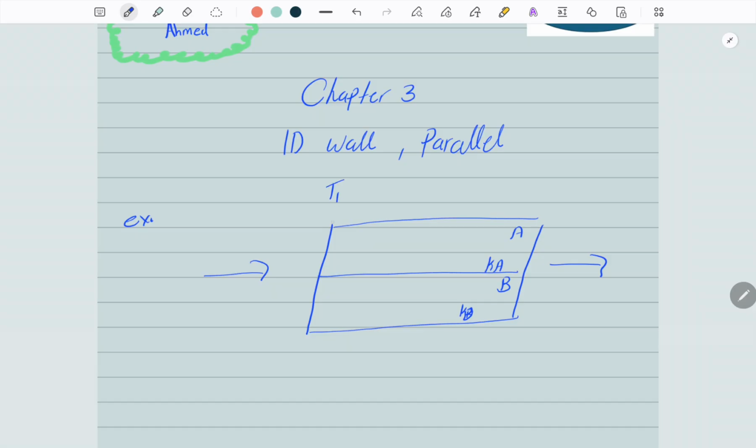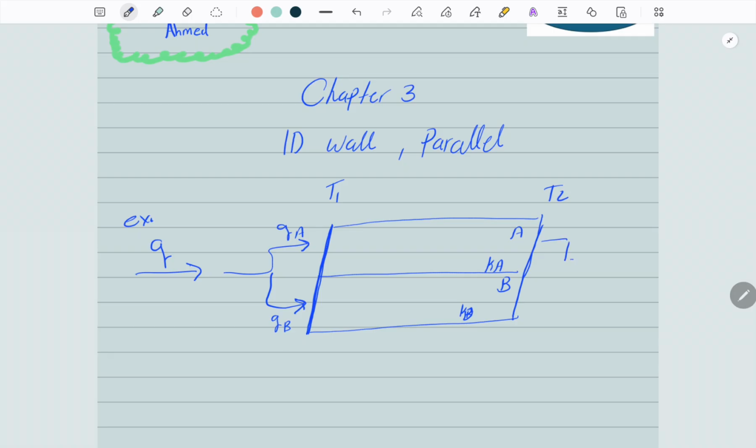This point here is considered T1. It's isothermal throughout the wall, meaning that the temperature is the same. This temperature here is T2. Heat is flowing into the wall, and then it's being broken down into different Qs. This is QA, that's QB, meaning the heat entering into material B. Back here, that's the total heat transfer.